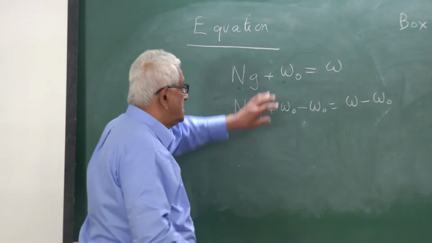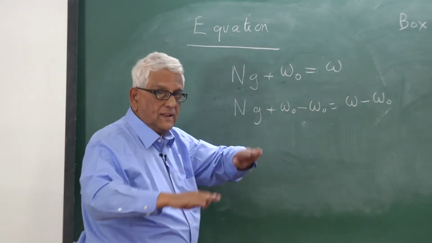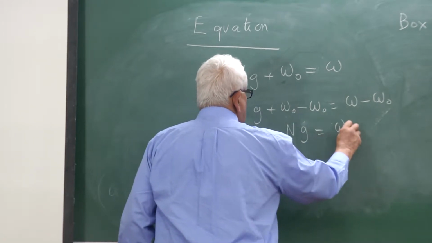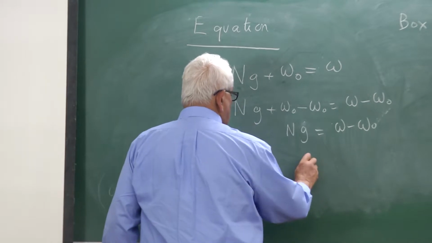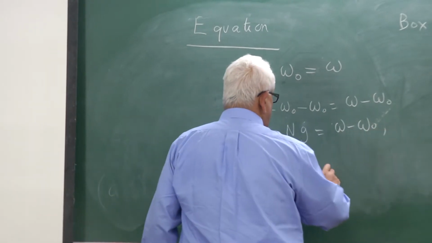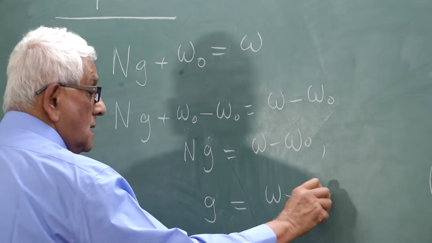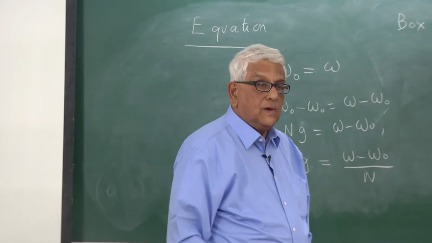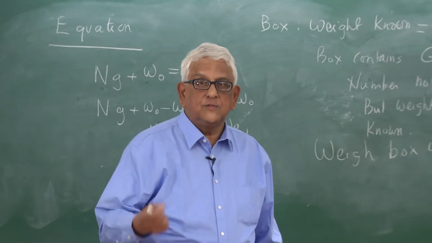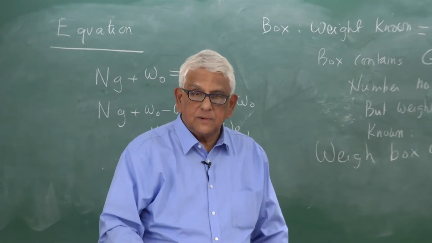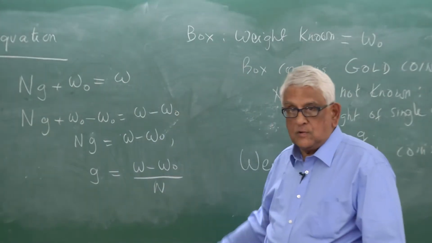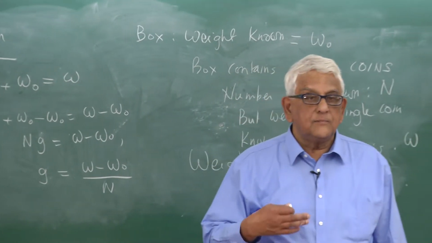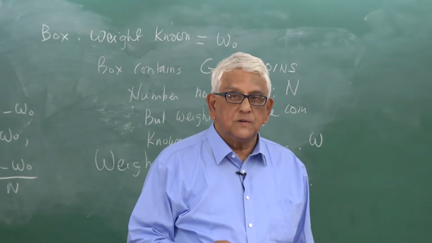So this is a balance, this and this balance. By subtracting, the balance is maintained, and so you get n G equals W minus W0, and divide both sides by G. Right. So here you see we have solved a problem to find something which we couldn't open the box to see, even without opening the box. So this is a very simple example of a general procedure for finding something which you don't know.